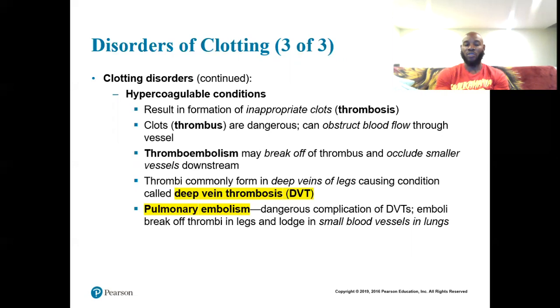I think that one and pulmonary embolism are the two that you'll see most commonly, or you've probably already heard of. Deep vein thrombosis: thrombi commonly form in deep veins of the legs. You'll see this especially in older people, but it can happen in younger people as well, where blood clots form in their leg veins, and this can be very problematic.